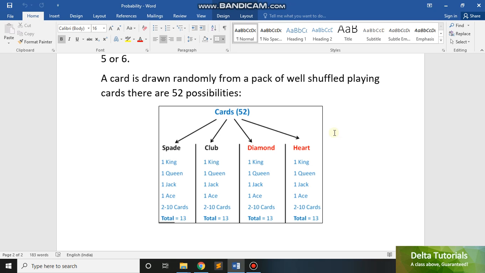Each group contains the cards as 1 king, 1 queen, 1 jack, 1 ace and 2 to 10 cards. So like this, each group has 13 cards. Altogether we have 52 playing cards. Hence there are 52 chances of getting any one card out of these.